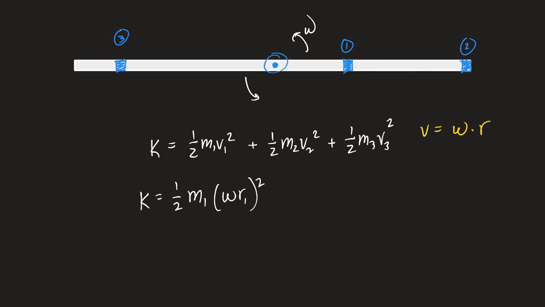I think I could describe where each block is by saying that block 1 is distance r1 away from the axis of rotation. Block 2 is distance r2 away. And although block 3 is on the other side, that would technically make its displacement negative.